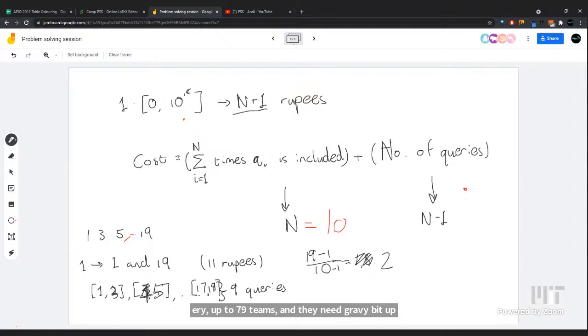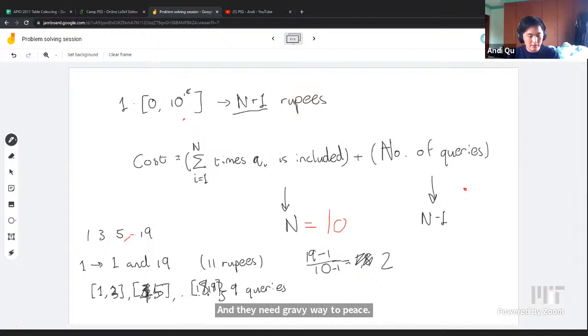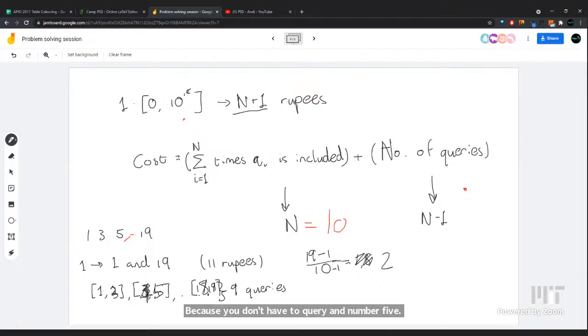Wait, no, it's 1, 3, 4, 5, because you don't have to query a number twice. So it should be 2, 3, 4, 5 maybe then. Why waste here also? Okay, 2, 3, 4, 5. That's also fine. The gaps have to be of 2. You are taking 4, 5, which has a gap of only 1.